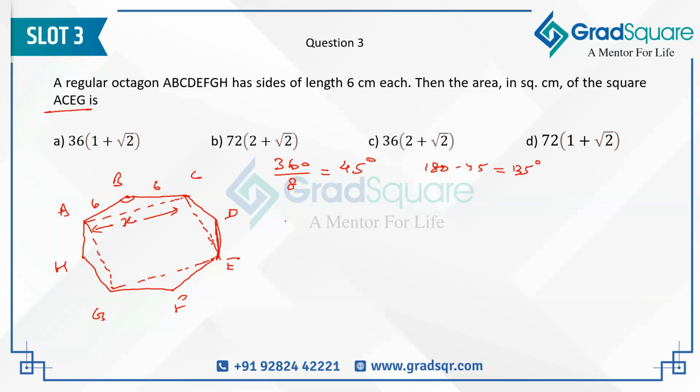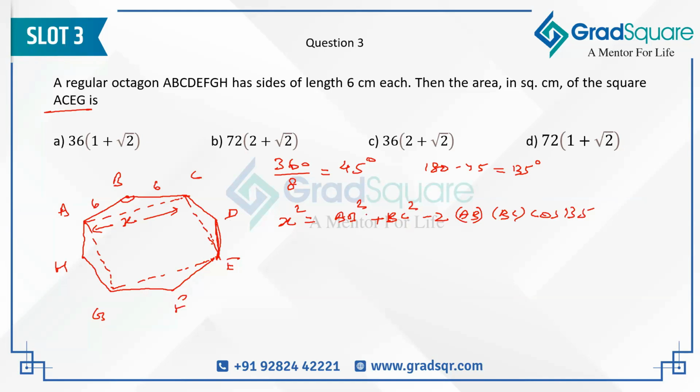It says that x square should be equal to AB square plus BC square minus 2 AB into BC into cos of 135. Now we need the value of x square effectively because we are looking at the area. So if I'm able to solve this equation, I should be able to answer the problem.